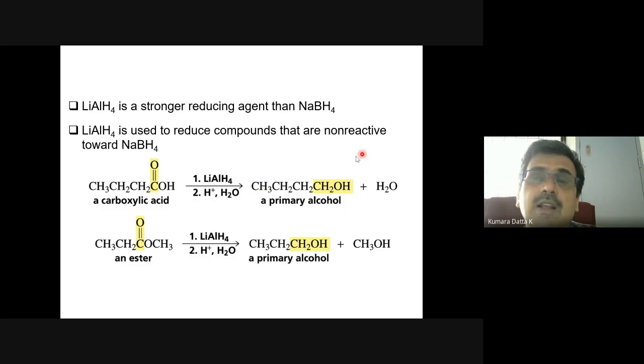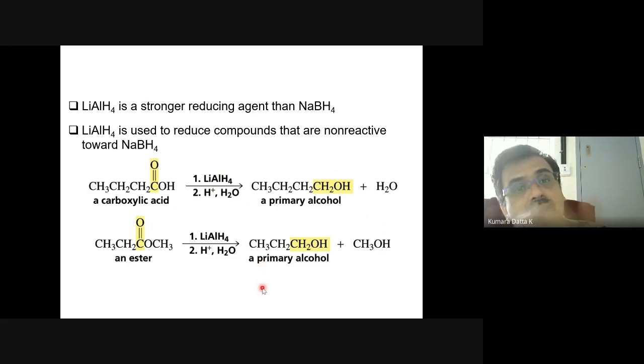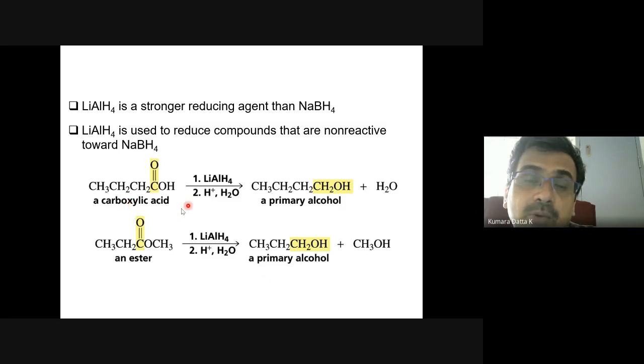So we get the corresponding primary alcohol, and from an ester we also get the corresponding primary alcohol. You see, if you use sodium borohydride, it goes to an aldehyde followed by a primary alcohol, whereas here it directly goes into a primary alcohol.